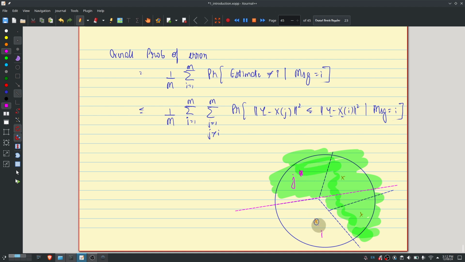Assuming that these were the only two code words in the universe, you make an error, that is, you decode to j instead of i, if the received vector lies anywhere above this particular line, or above this hyperplane. Correct? Now, again, when you look at, say, this particular pair, this is i and this is j, then you make an error if you're anywhere to the right of this particular hyperplane.